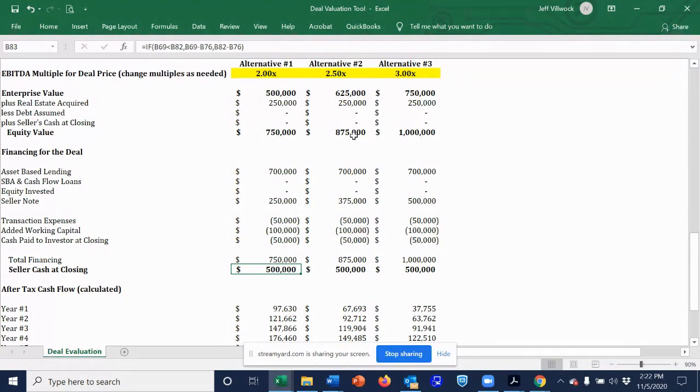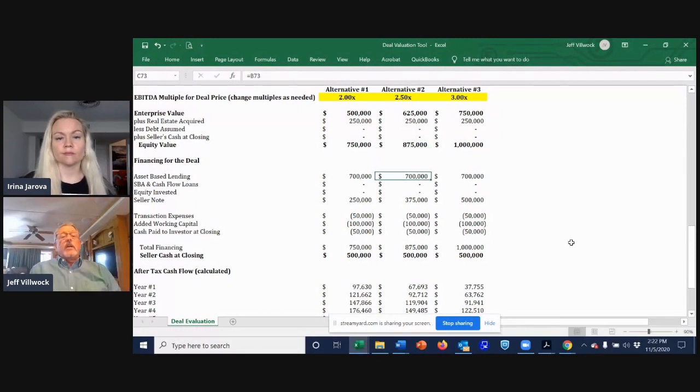Now, if you paid $875, the same numbers are still working here, except the seller note has gone up by that additional $125,000. He's still getting $500 at closing, and now a bigger seller note. And look, the seller might come back and say, heck no, I'm not taking. Well, let's say it 3 times.